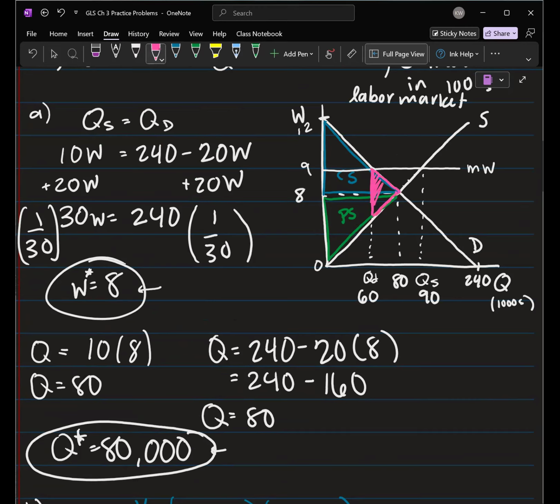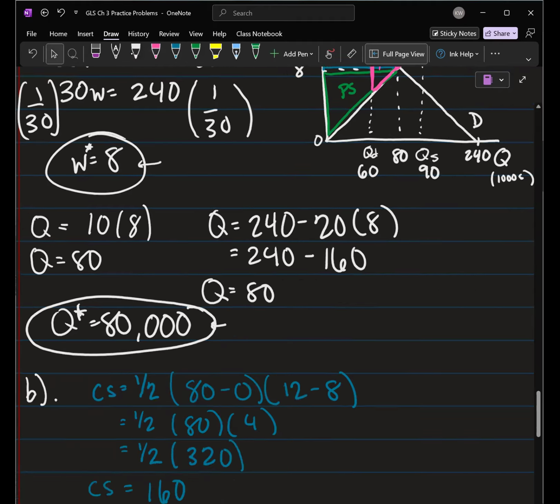So it's this pink triangle that I've noted on the graph, and that's our deadweight loss. The base here is going to be the difference between equilibrium quantity and the quantity demanded under the minimum wage, so 80 minus 60. And then the height is just going to be the difference between that minimum wage and the price at which employees want to work 60,000 hours.